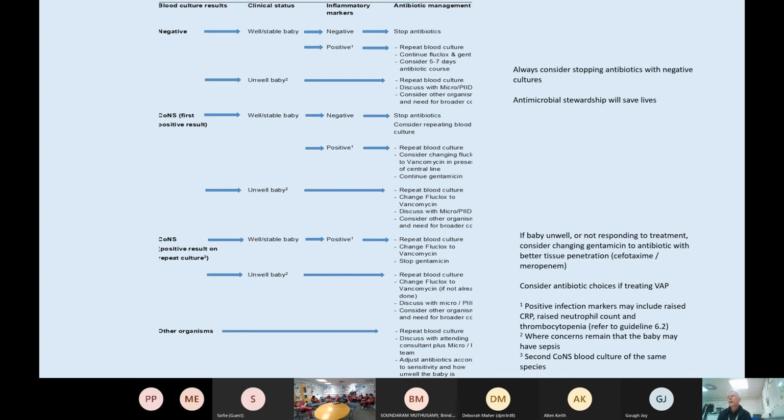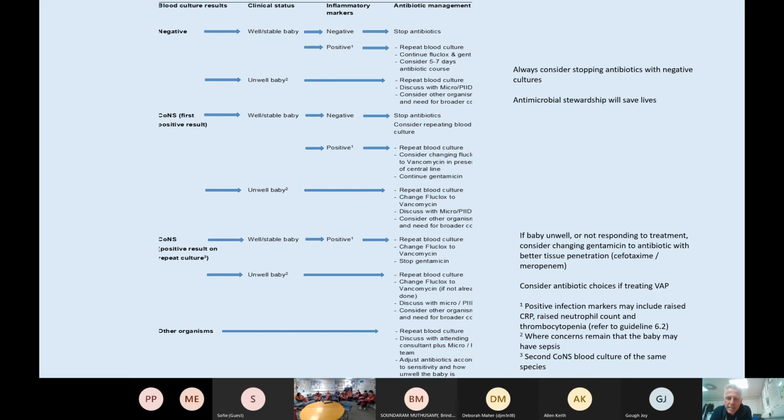And I've just noted on the right-hand side there that antimicrobial stewardship may not save the life of that baby, but it will save lives eventually, because there was an article in the BMJ recently which basically said, sorry, I'll come and find it.